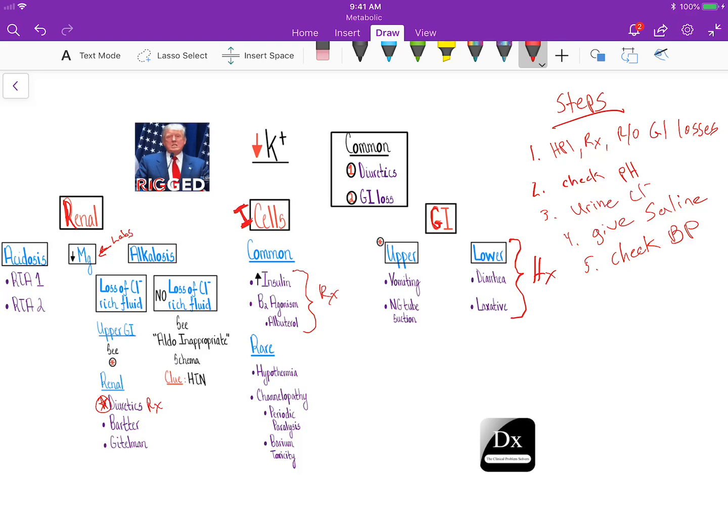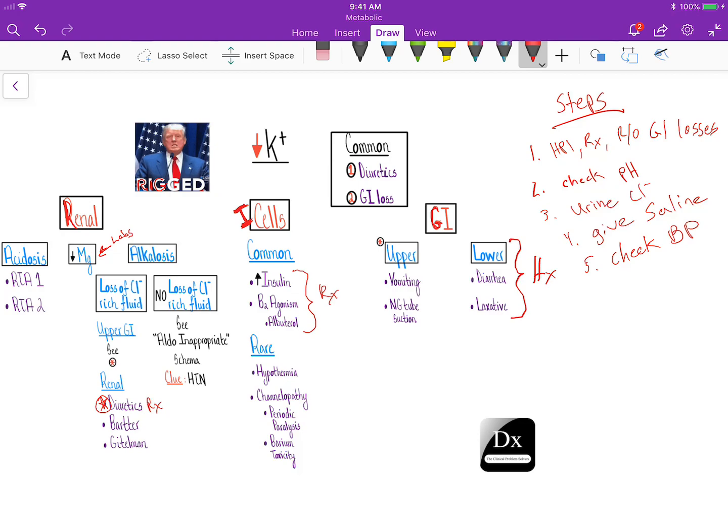That enzyme is responsible for breaking down cortisol into cortisone, and cortisone is not active in the aldosterone receptor. However, in states of excess cortisol, like in Cushing's, this enzyme gets overwhelmed and causes activation of the aldosterone receptor, and boom, hypertension, hypokalemia, just like that.